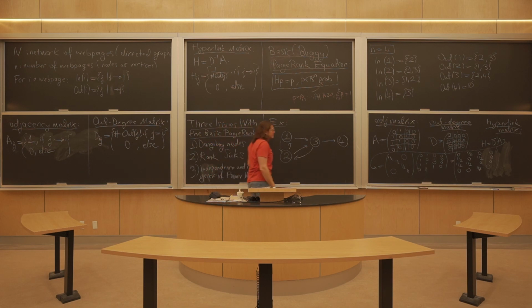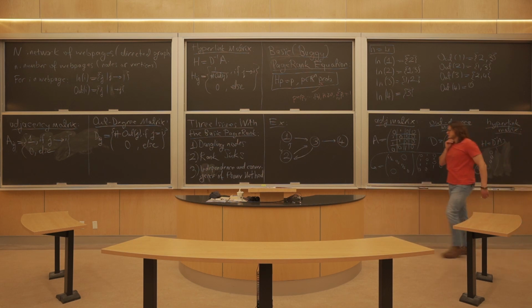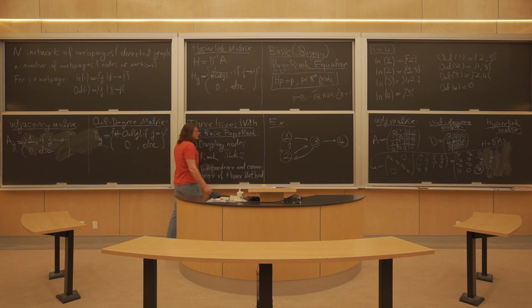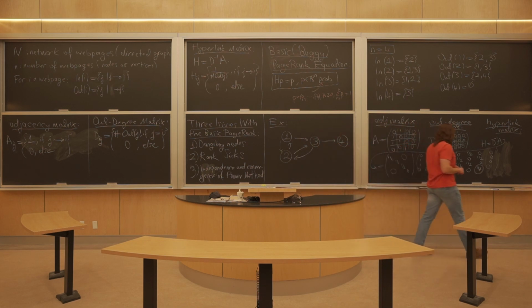Somehow D inverse A is not really giving me what I want. So there's an issue with this entry. I wouldn't have to think about it, but if I can figure it out later, I'll send an email. But in any event, this is what we've been doing so far.